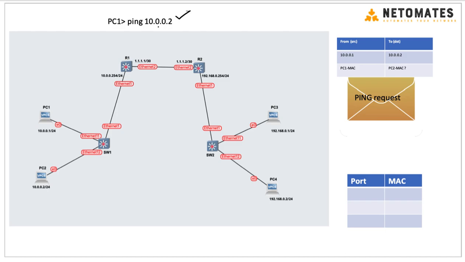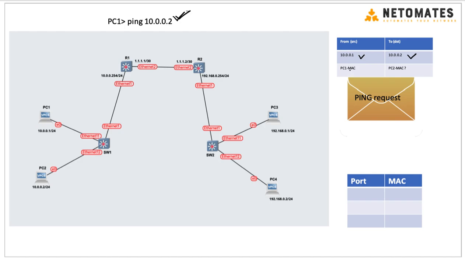As we are pinging a host in the same network, PC1 should be able to directly reach that PC. In order to do that, it has to send this ping request. The source IP will be 10.0.0.1 and the destination is 10.0.0.2, because PC1 is sending the ping request and the destination is based on the command we have given here.